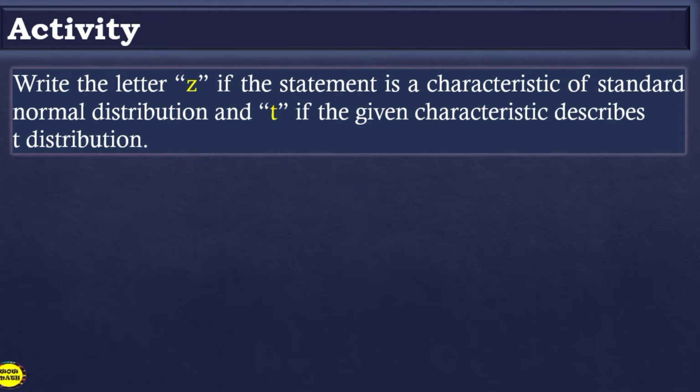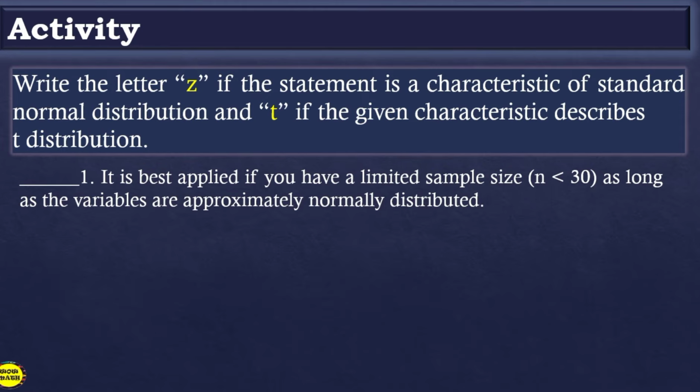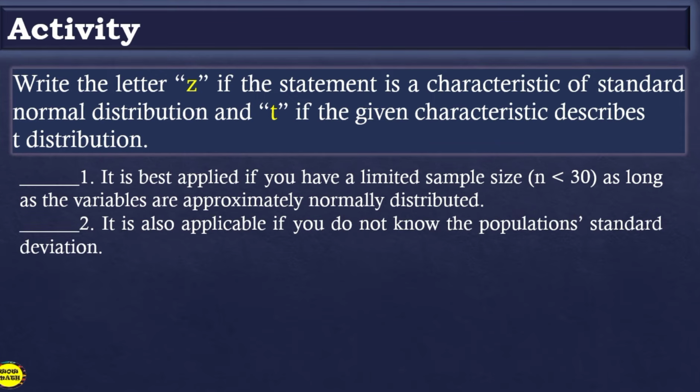So recall lang ito. Number one, it is best applied if you have a limited sample size, so your n is less than 30, as long as the variables are approximately normally distributed. Number two, it is also applicable if you do not know the population standard deviation or your population variance is unknown.